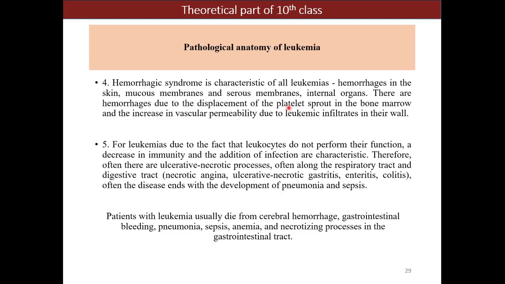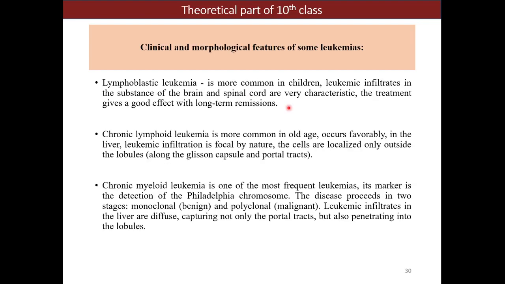Often the disease ends with the development of pneumonia and sepsis. Patients with leukemia usually die from hemorrhages, as we have already said, gastrointestinal bleeding, pneumonia, sepsis, anemia, and necrotization processes in the gastrointestinal tract.